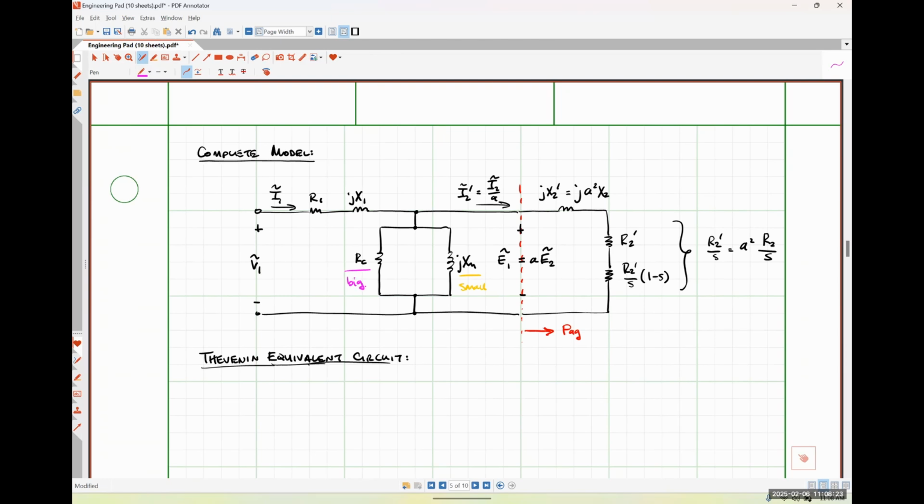When we were dealing with transformer equivalent circuits, we saw that the resistance of our core was typically on the order of tens to hundreds of kiloohms, right? If JXM is a much smaller impedance, what happens when I have two impedances in parallel and one is much smaller than the other? Or what happens when I have two resistors in parallel and one is much smaller than the other? Let's start there.